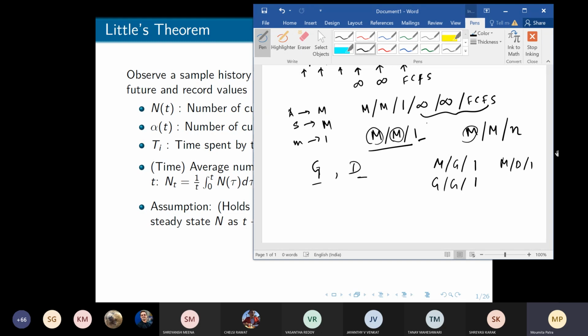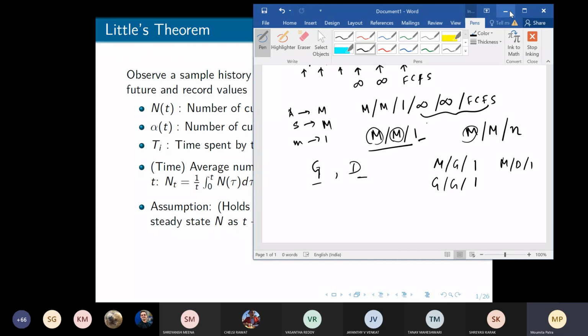So there can be many variations on this, depending upon what the arrival or service distribution is, and what the number of servers is. Okay, so this is how your system is working. I hope that this part is clear. If not, you can ask me questions on this, and I will now start looking into Little's theorem.